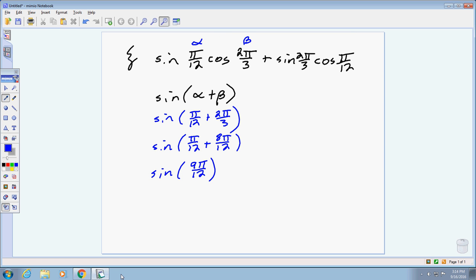It can reduce, good. So now I've got the sine of 3 pi over 4. And that, ladies and gentlemen, is a chartable angle, isn't it? So at 3 pi over 4, where are we? Sine is going to be root 2 over 2, positive.